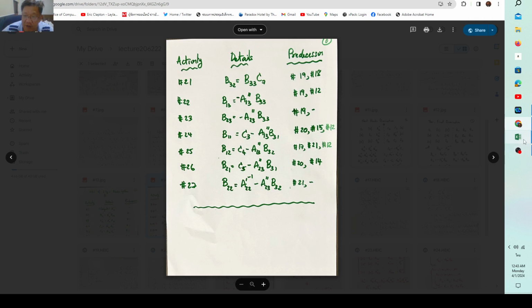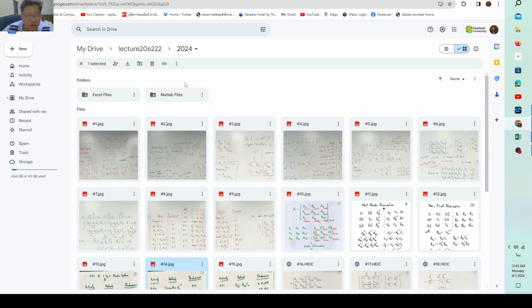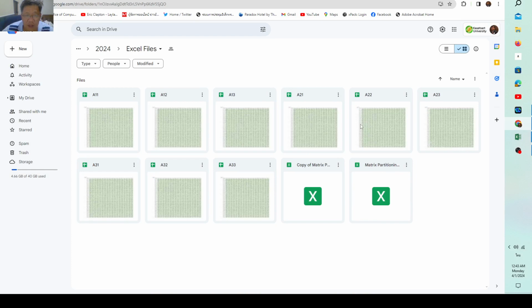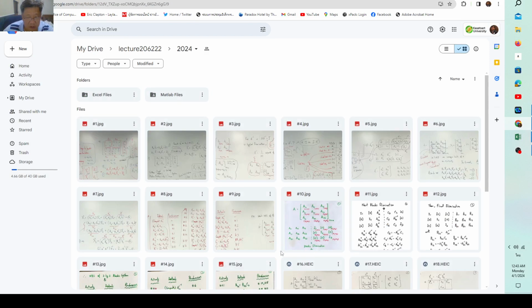So again, in this one, since you already have this file that I gave you in the Google Sheet separately, this one, 1, 2, 3, A11, A12, to A33, the submatrices of A33. So you can continue to do your work on the 3 by 3 inverse.